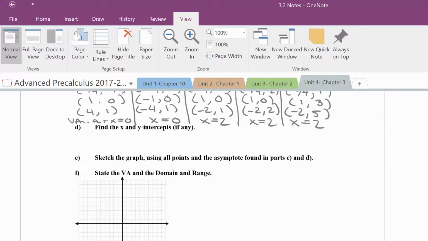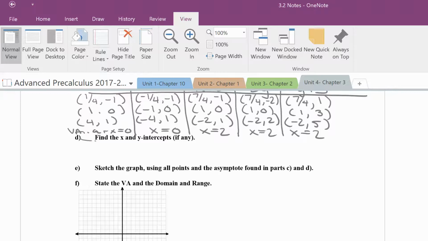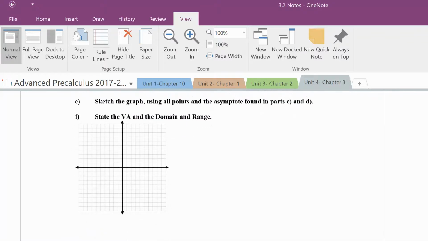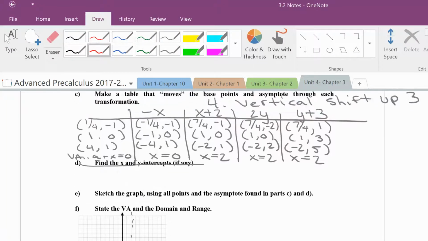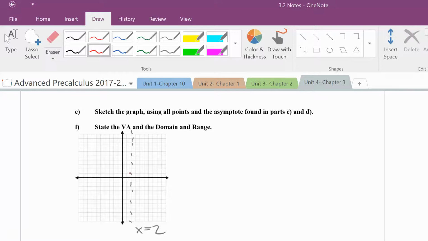And then the y's don't affect the vertical asymptote. So there are points. We don't have to worry about the x and y intercepts. So we're going to sketch the graph. X equals 2 is our vertical asymptote. And then we have 7/4 and 1, which is like right there.